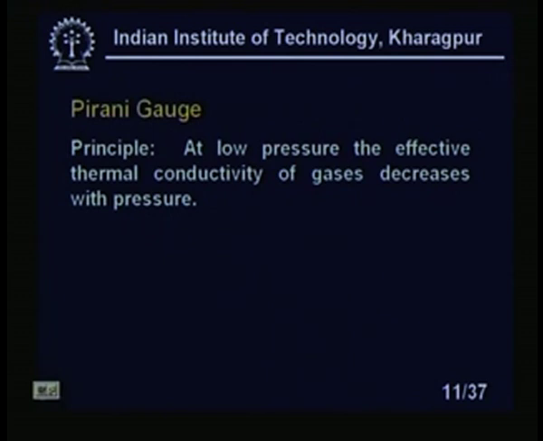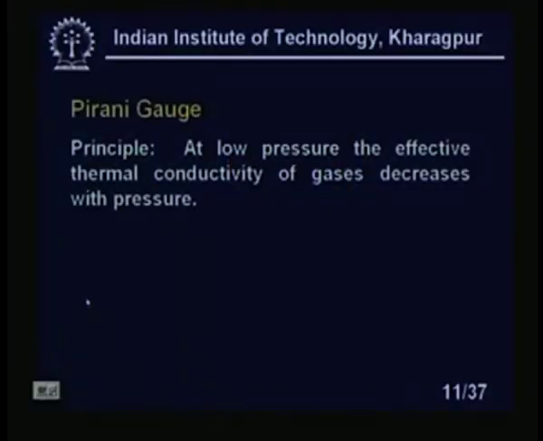It looks like this. At low pressure, the effective thermal conductivity of the gases decreases with pressure. How? If the pressure decreases in a vessel, what will happen? Why am I getting the pressure? Kinetic theory of gases says that I am getting a pressure in the vessel because of the random motion of the molecules hitting the surface of the walls, which creates the pressure.